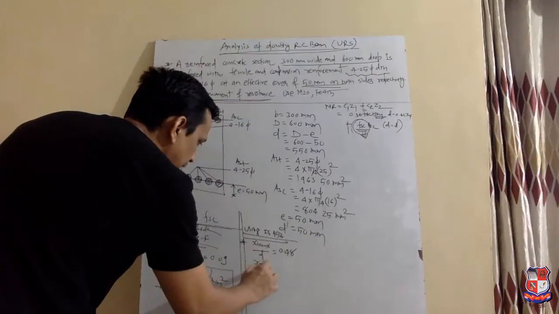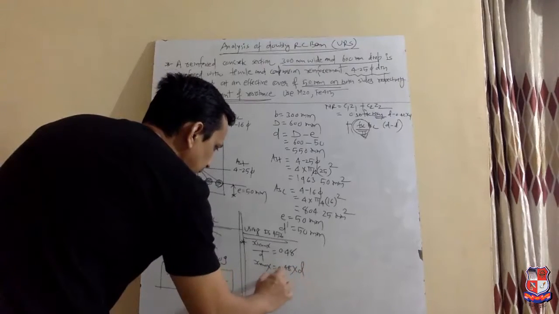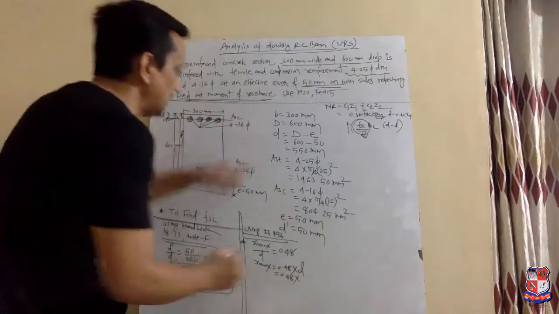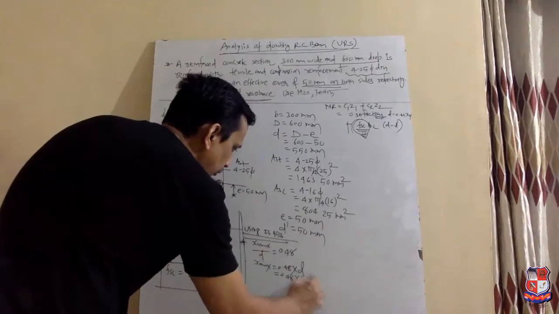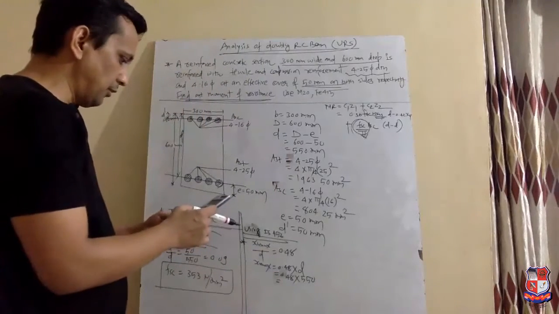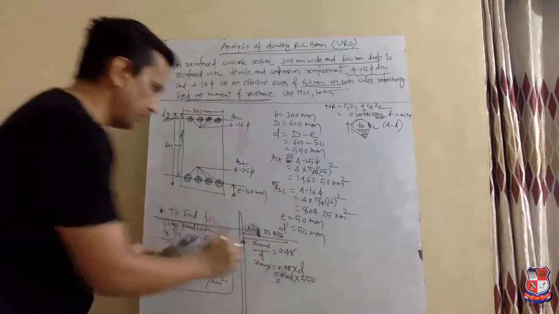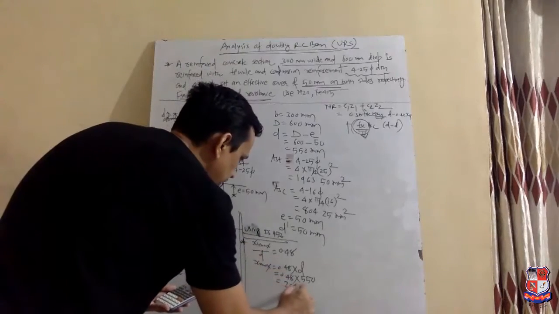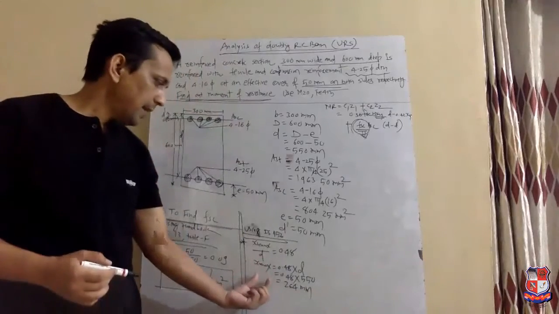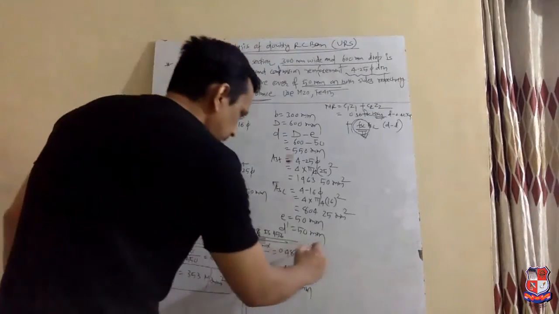That's why we get xu max equal to 0.48 into d, which is 0.48 into small d of 550. So we get xu max is equal to 264 mm.